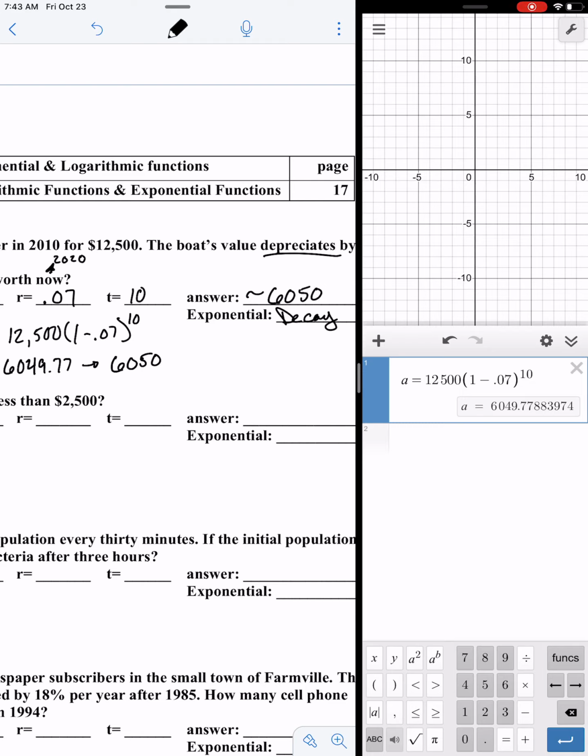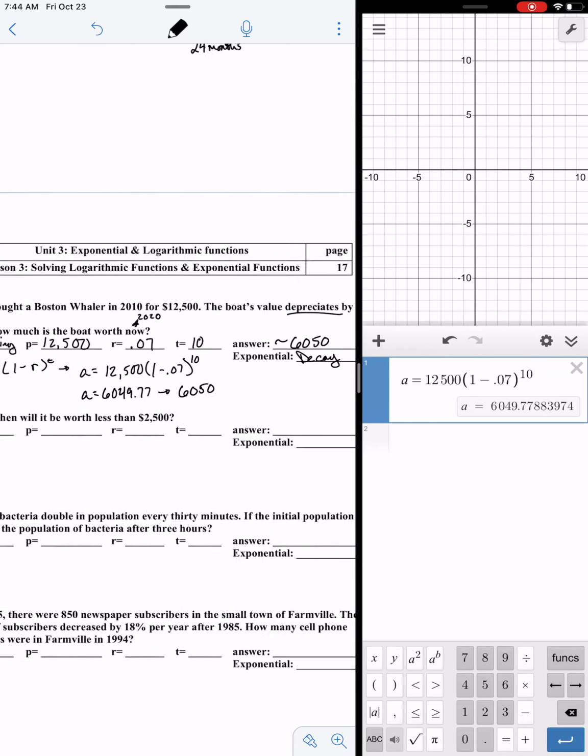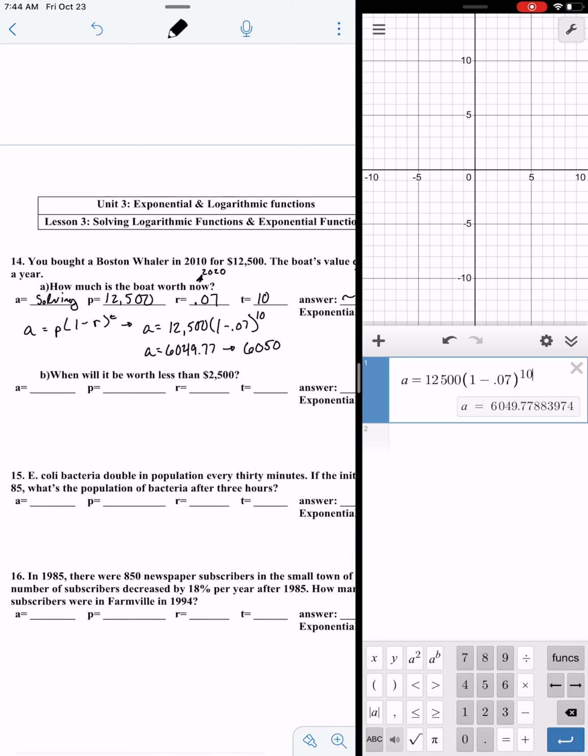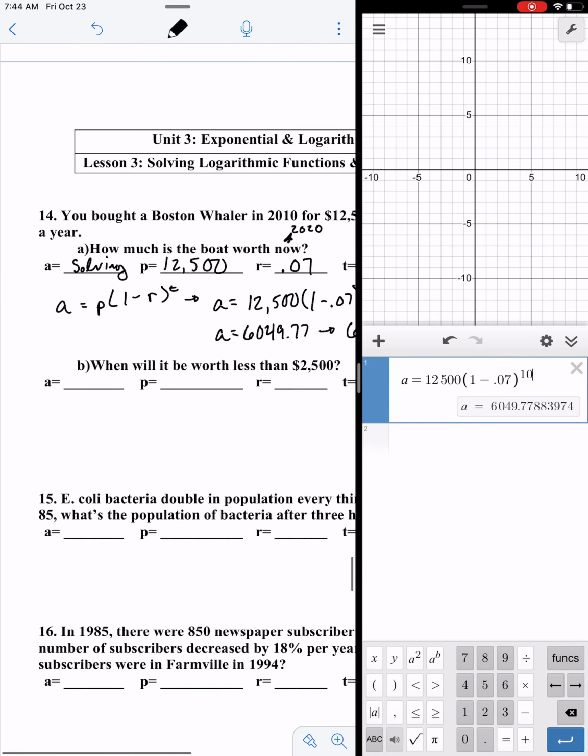So what I'm trying to get at here is if we're solving for A, you can just type it in and it's going to evaluate it. If we're solving for P, R, N, or T, we just type everything we have. Let's see if I can find when it will be worth less than 2,500.